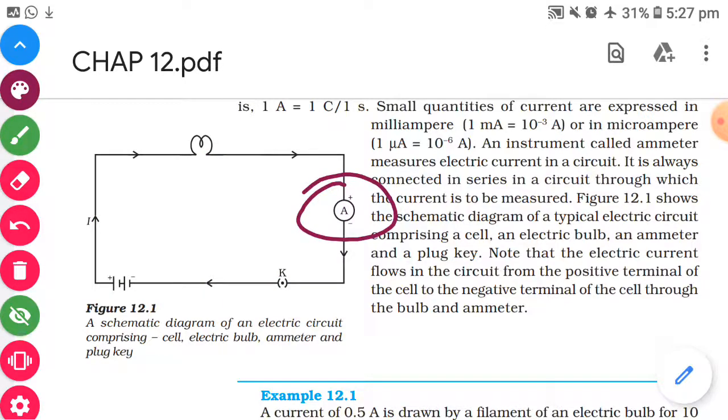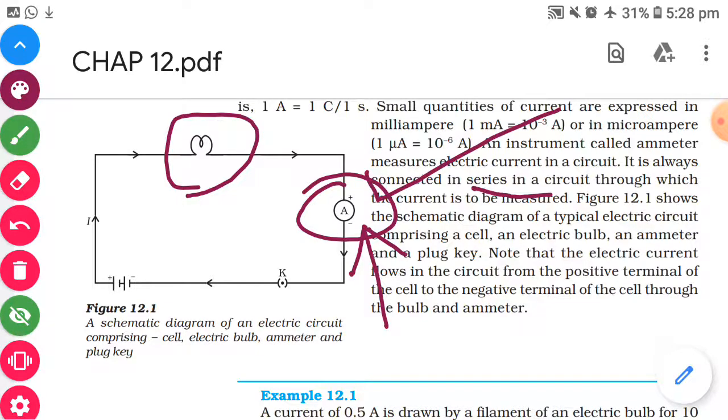It is always joined in series in the circuit. And this is the bulb. The amount of electric current that is flowing can be measured with the help of this ammeter, and from that how much charge is flowing can be known to you. So this is a very simple circuit which is shown here.